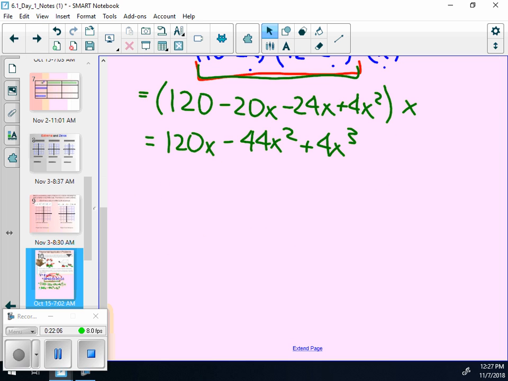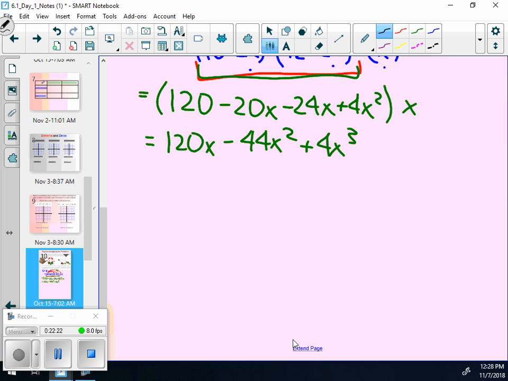Great. If I had this and I wanted to know the value of x that I would need to maximize my volume, I wouldn't be able to get it from this equation.